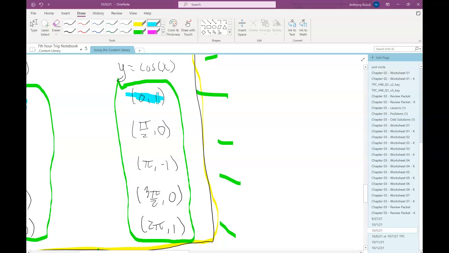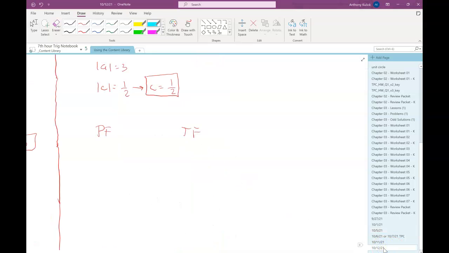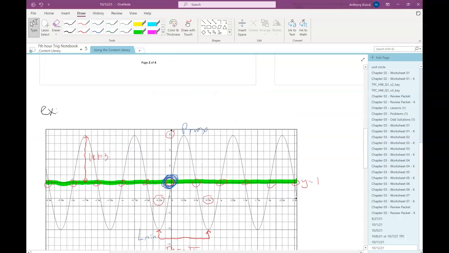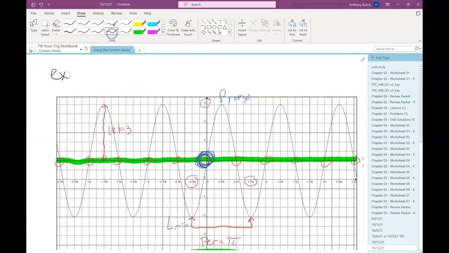Now this is a maximum. So when I go and choose my other point from my graph, I need to be looking at things that are other extreme points, either maximums or minimums.